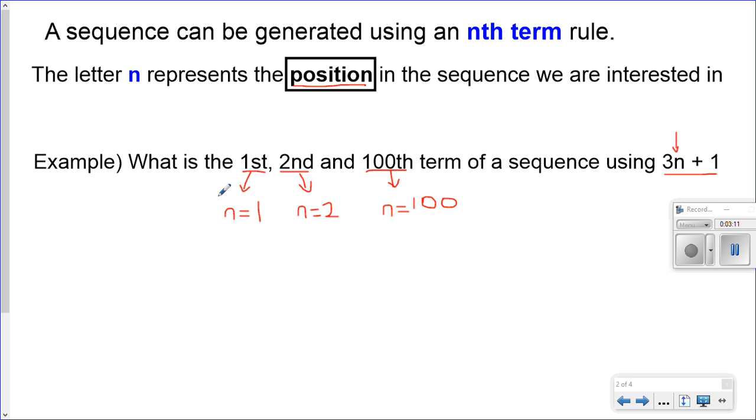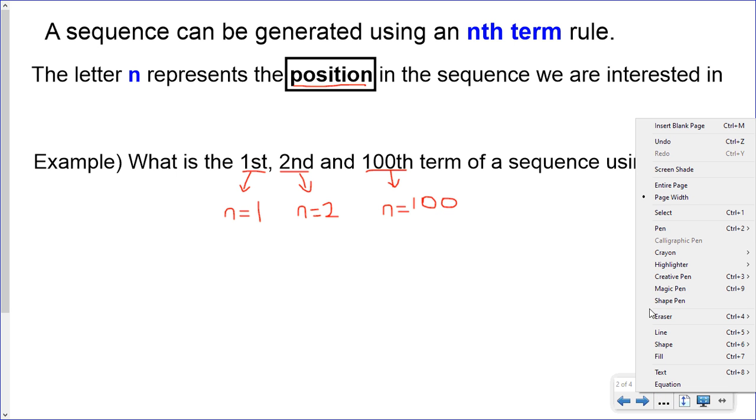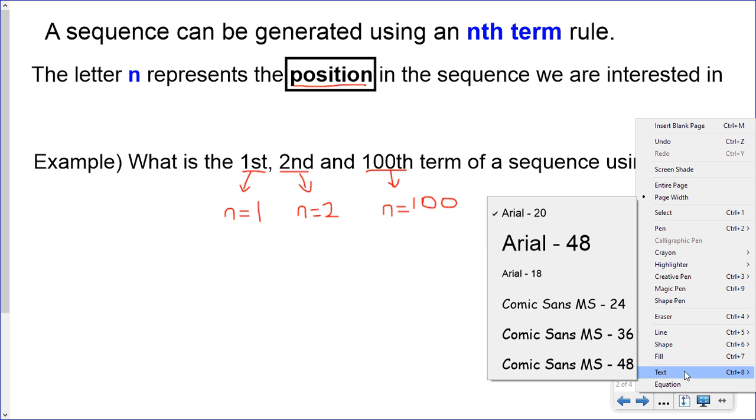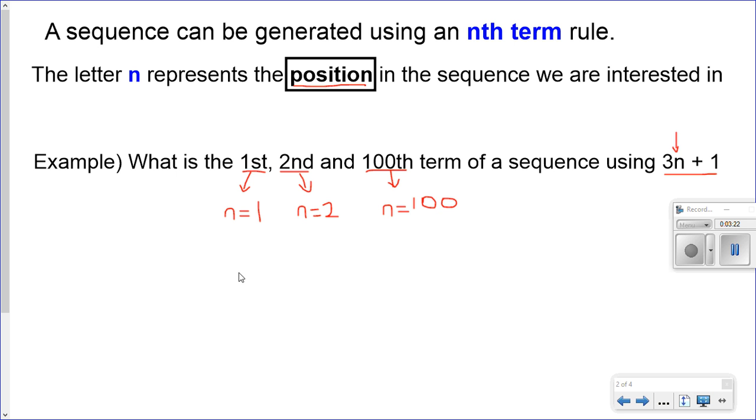Okay, so let's start with our first term, n equals 1. So let's have a look at our rule, 3n plus 1. What we're going to do is replace n with the value of 1. So 3n, what is 3 doing to n if it's next to it? Well, it's timesing n.